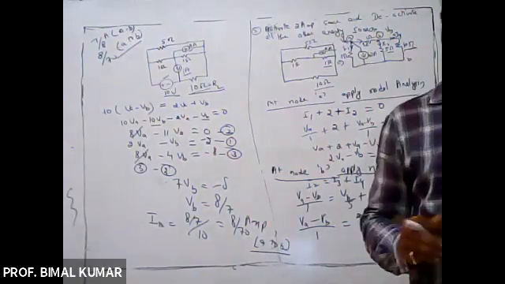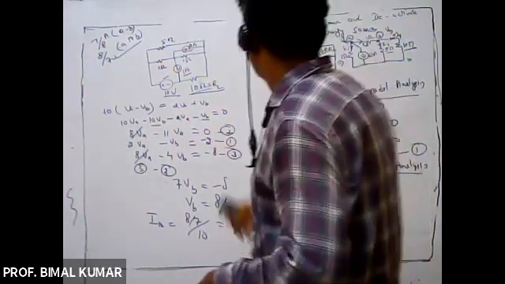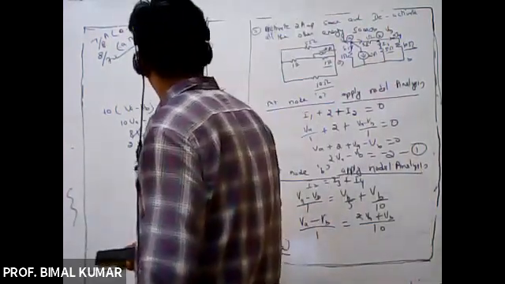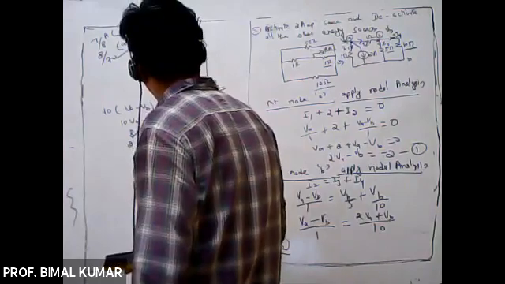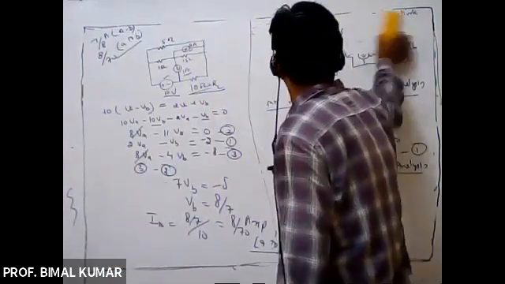Then after that, third energy source is this 1 ampere source, right? For that, you may again calculate the current.